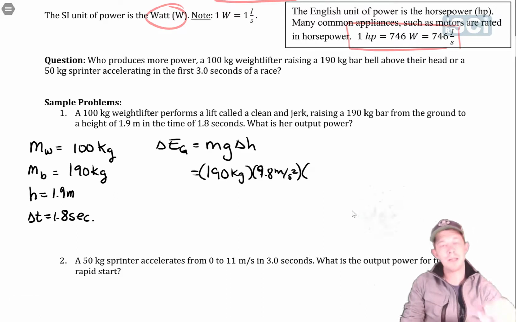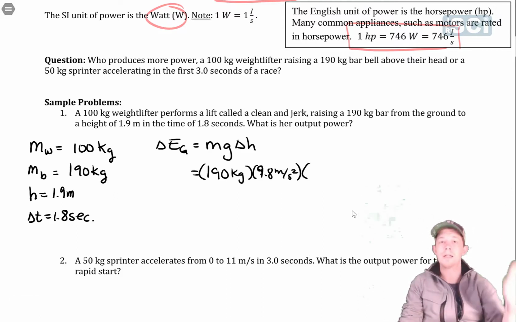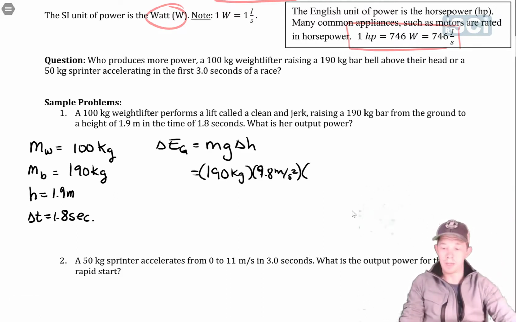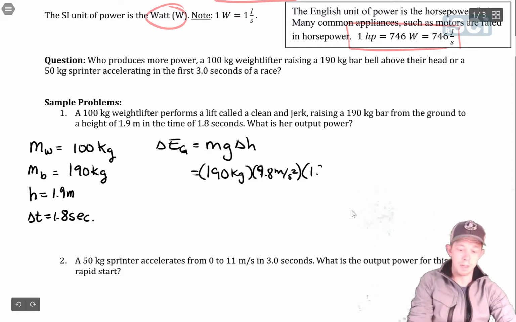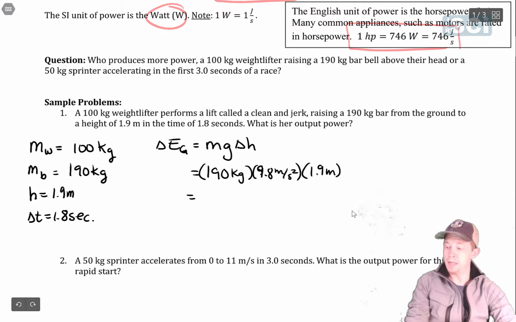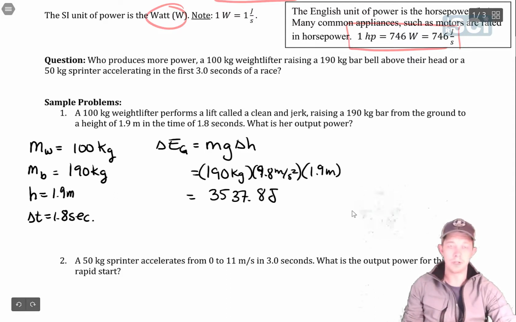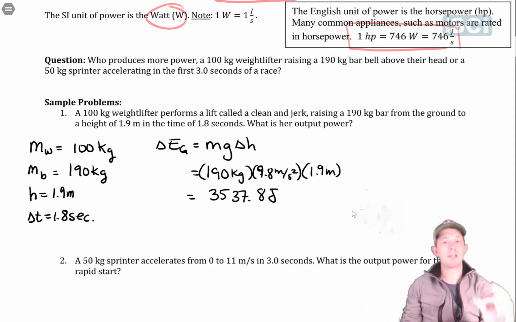I'm assuming that the barbell starts on the ground and is lifted to a height of 1.9 meters, so I multiply by 1.9 meters. That gives me 3,537.8 joules of energy.